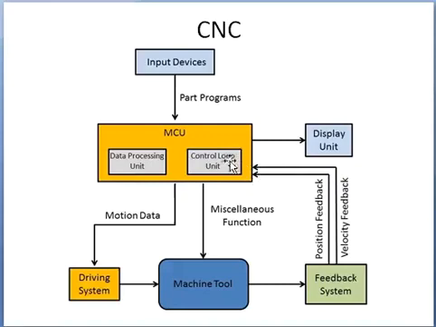The control loop is nothing but a feedback loop where, whenever an MCU sends signals to the machine unit, whatever motions are carried out are given as feedback with the help of a feedback system to the control loop unit, which will manipulate the signals and send them to MCU.